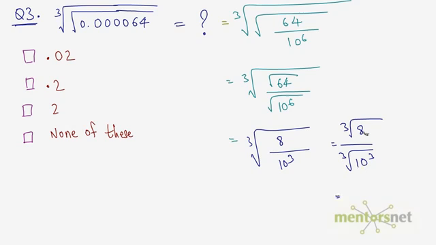Cube root of 8 is 2. 2 times 2 is 4. 4 times 2 is 8. Therefore cube root of 8 is 2. Cube root of 1000, that is 10 raised to power 3, is equal to 10. So it is 2 by 10, which is equal to 0.2. So we have our answer, 0.2.